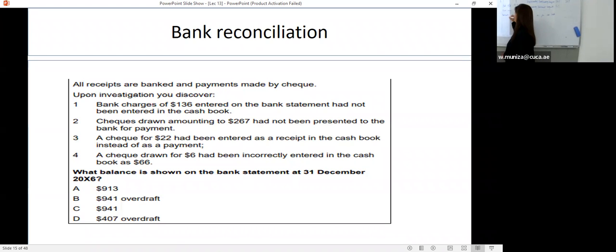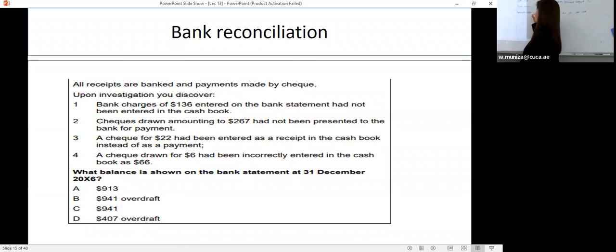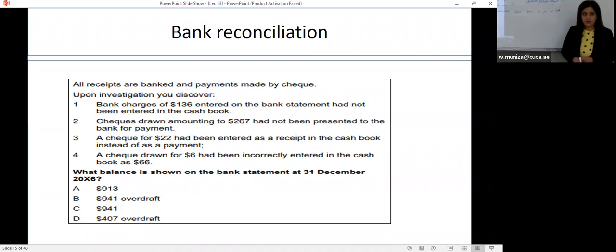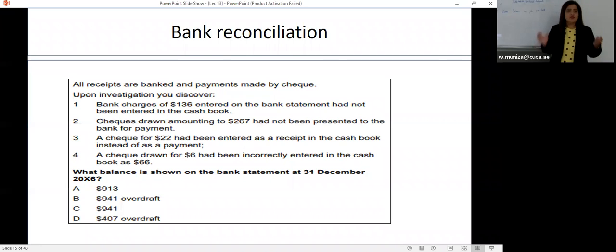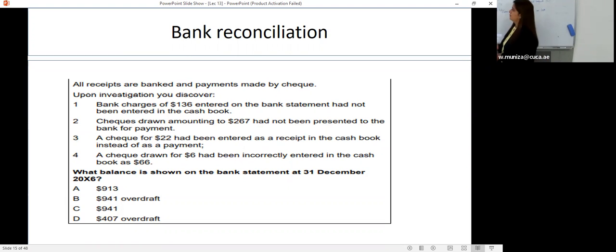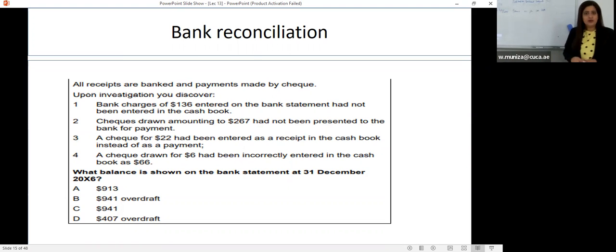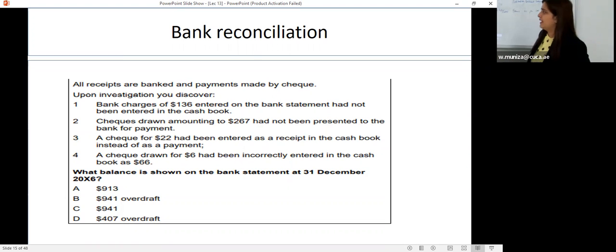Incorrectly debited. How much amount are we going to credit now? 22? No. If we are going to credit 22, it will cancel the previous error only. But we have to record the payment as well. 22 is going to cancel the previous error and 44, double the amount, is going to be reinstating that. Got it now? 44 is going to be credited in the cash book.